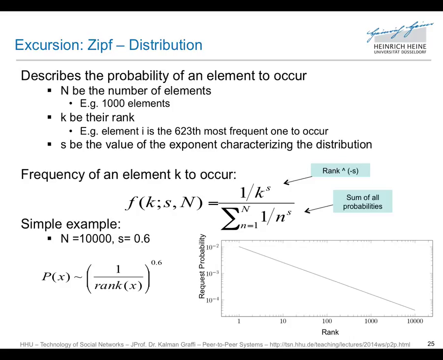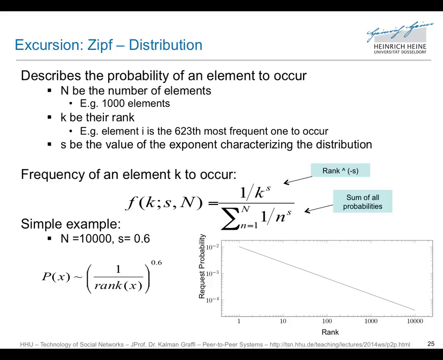And we have only these 3 parameters. K is the rank. S is the gradient by which this popularity is skewed. If you take something around 1, then it would be very equal, and if you take a lower number, then it gets more different between the most popular and the second most popular. So the differences are bigger, the smaller S is.